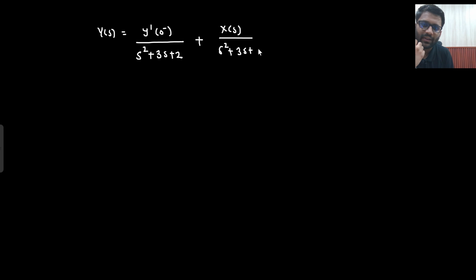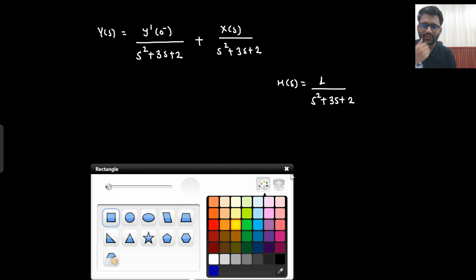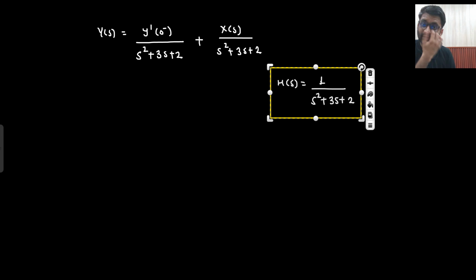So from here, if I ask you what is your H(s), you will put this part equal to 0, and from here directly you can see that my H(s) is coming out to be 1 upon s² + 3s + 2. So this is one of the answers, H(s), which was asked.